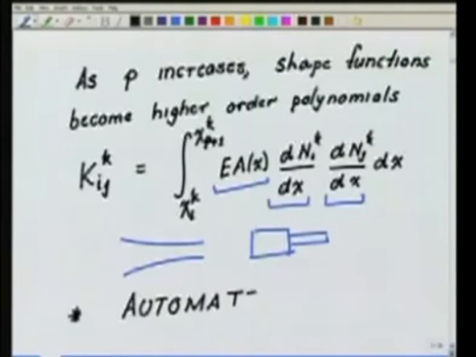Which means that we cannot convert the procedure that we had followed till now to obtain the stiffness matrix entries into a computer program, because the computer is not capable of doing these integrations in such a nice symbolic way as we can do. So that is one problem.